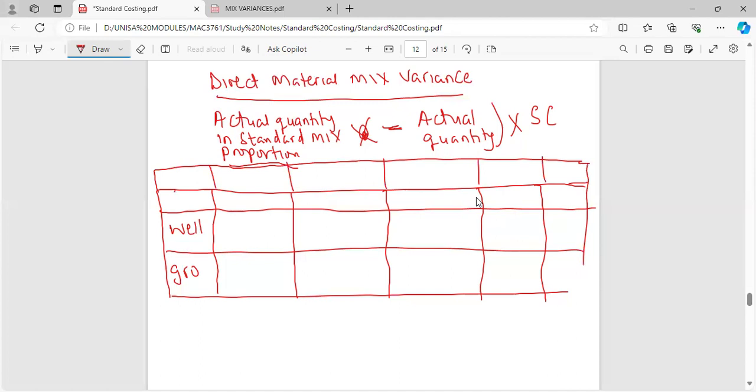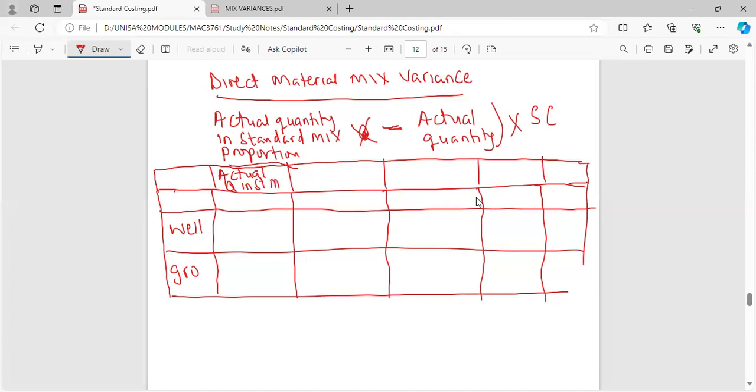Here you are going to have your actual mix, actual quantity in standard mix.